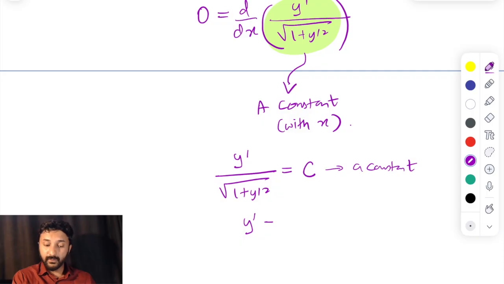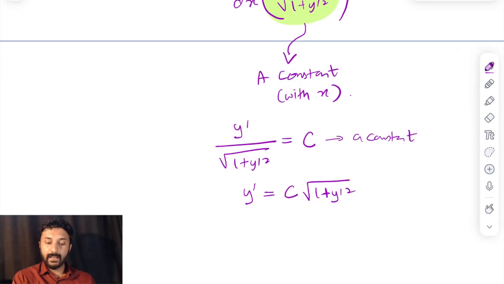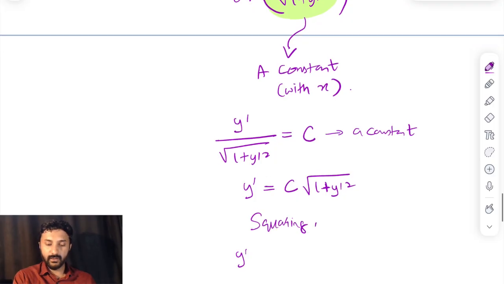So this is therefore basically a differential equation that needs to be solved. So for that, let us do first a little bit of rearrangement. Let us cross multiply, and then to get rid of this square root, let us square on both sides. Squaring on both sides, you end up with y dash squared equals c squared times 1 plus y dash squared.